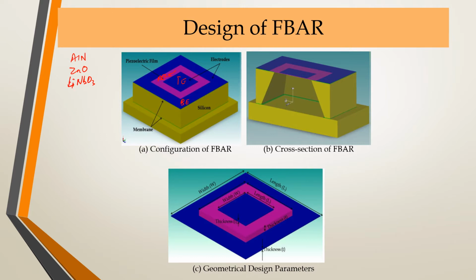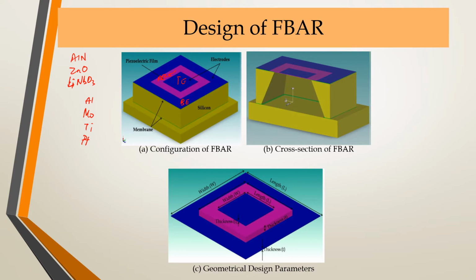For bottom and top electrodes, the commonly used materials are aluminium, molybdenum, titanium, and even platinum. So this is the substrate. You can either use silicon or gallium arsenide, whichever is suitable with the design.